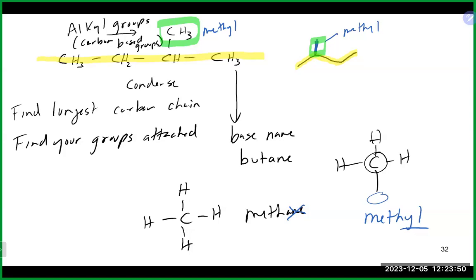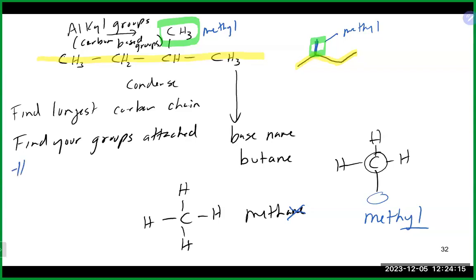So the other thing about naming things in organic chemistry is it's all about telling people where you could find everything, basically. So it's all about location, location, location. So when we have that longest carbon chain, we do have to actually number the carbons in that chain. So when we look at our simple example here, there's basically 2 options.